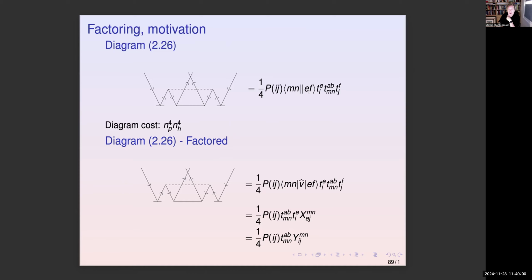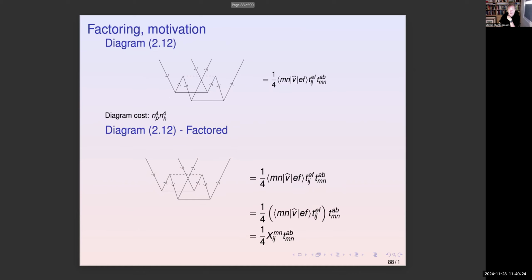So if I now isolate this part which has A and B here, and recalculate, if I take X, this same matrix which I had before, and I collect this I and E here, I can actually set this up in terms of this same contribution, X_MN, which has a shape like this one.